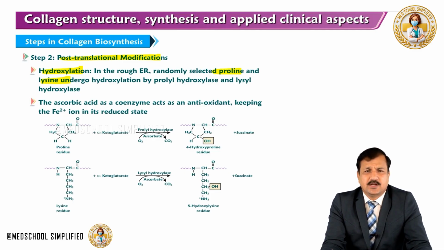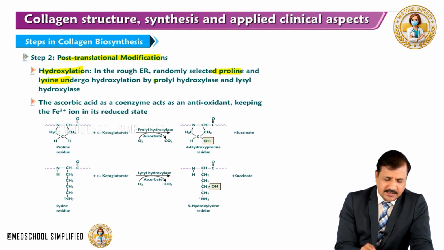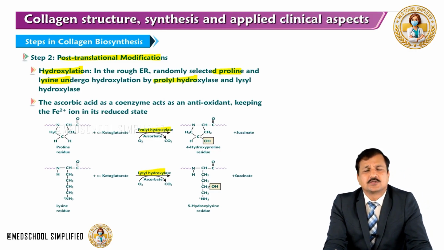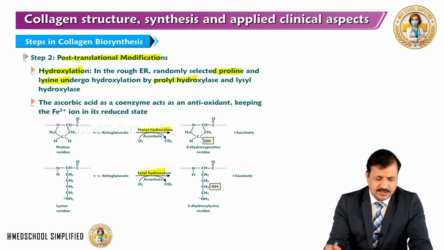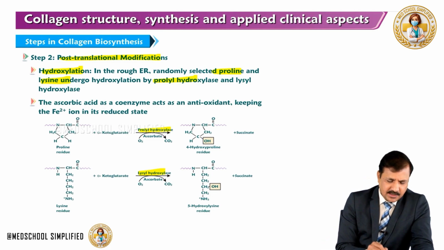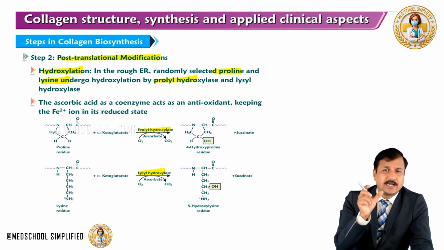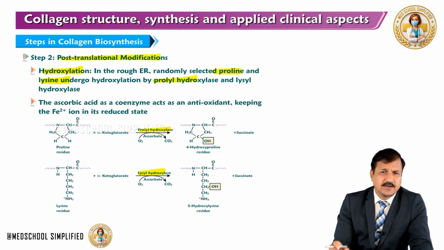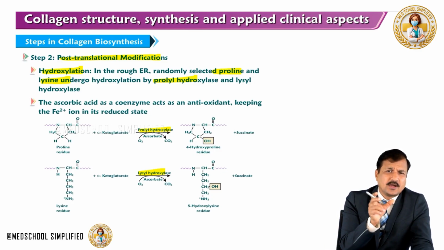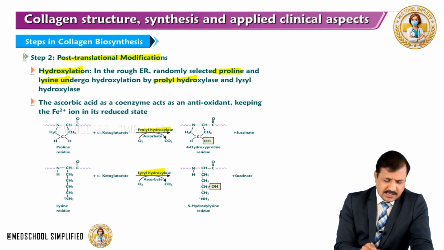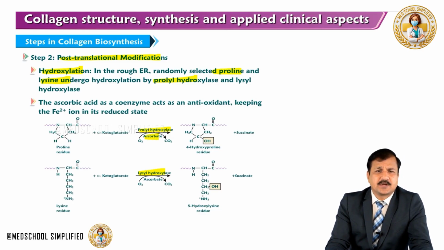They undergo hydroxylation catalyzed by prolyl hydroxylase and lysyl hydroxylase enzymes to introduce a hydroxyl group, as shown here in the reaction. The proline residues in the chain are randomly selected; there is no selectivity. Ascorbate acts as a coenzyme for prolyl hydroxylase, remember that.